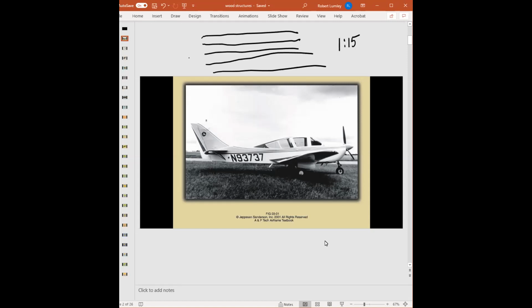There are different ways that lumber is cut into boards, so I'm going to draw it down here. If you think about a tree, there are these growth rings. When we cut a board and look at the side of it, we want to see the grain relatively parallel. The only way we can get that is if the board is what's called quarter sawn.